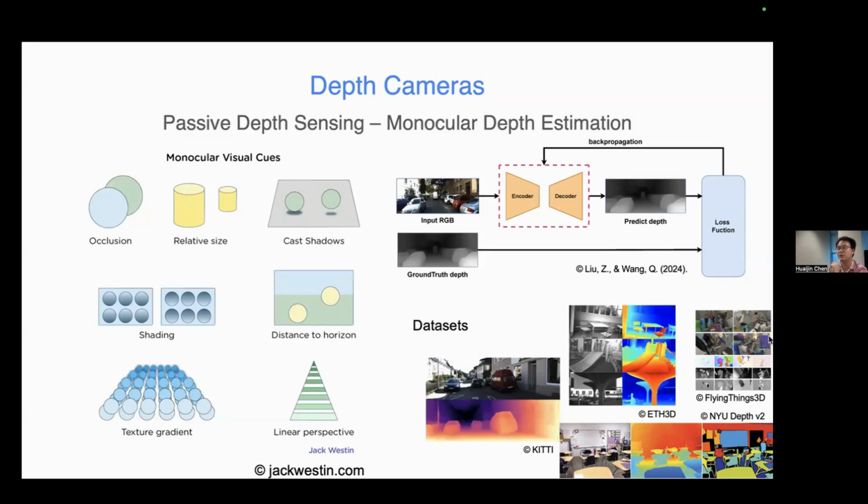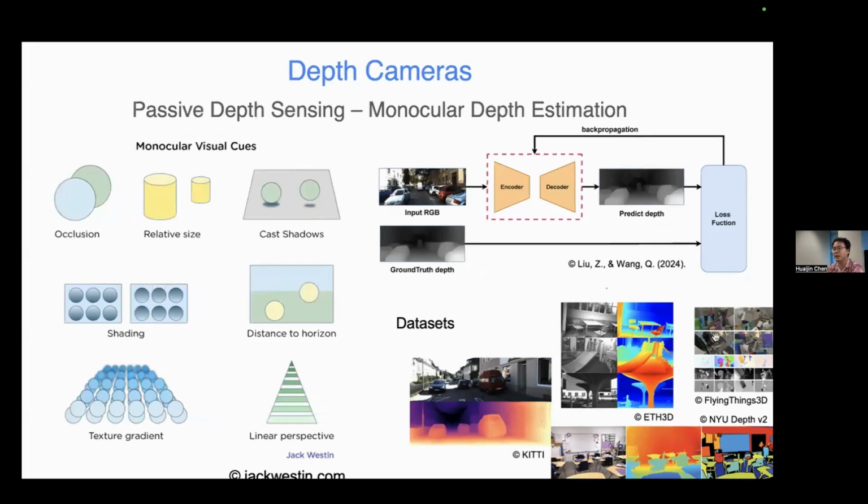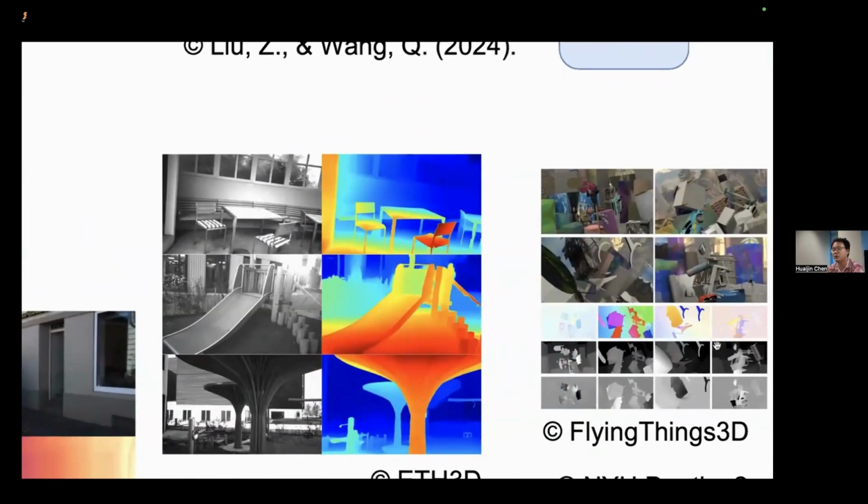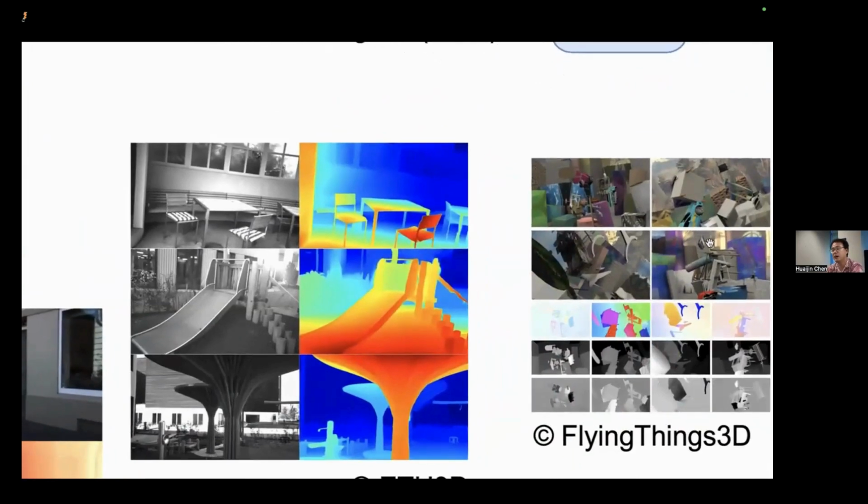At the same time, you can also have synthetic data, such as FlyingThings3D. The good thing about synthetic data is that you can generate a lot of data without painstakingly curating this kind of pairwise image.